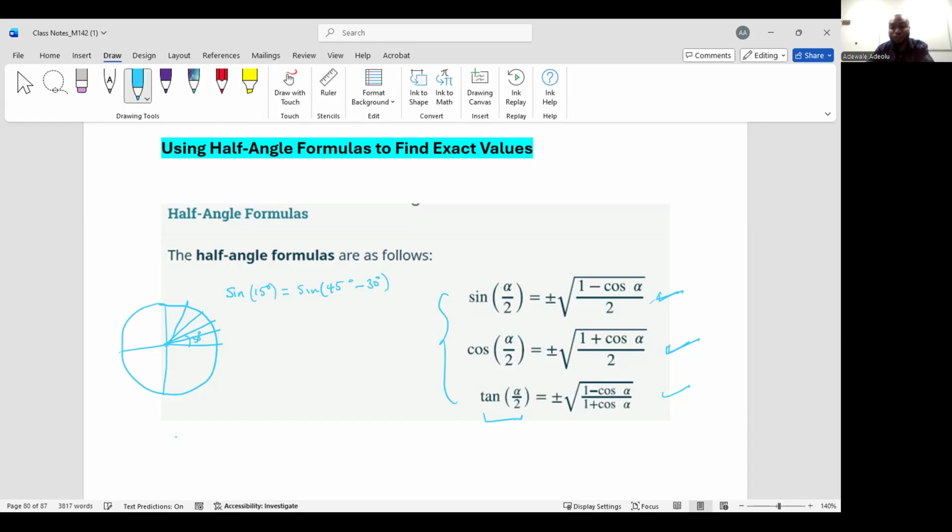And we can use sum of angles or difference of angles. The same thing, we can also say, well, 15 degrees is also half of 30. So we can use half angle as well. So your question might be, which one should I use? Any one you remember, any one you are comfortable with, because you will get the same results.